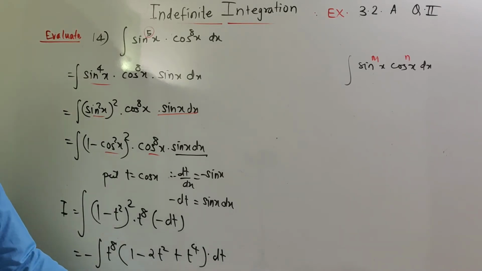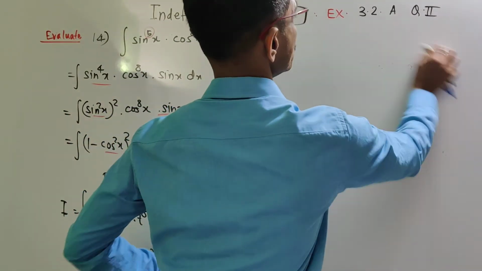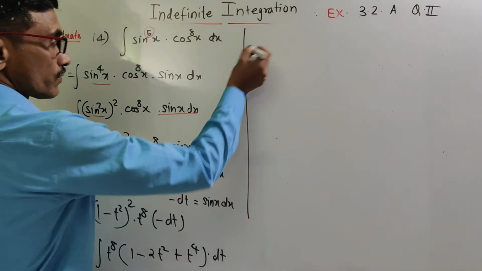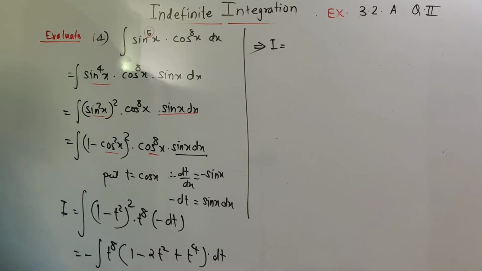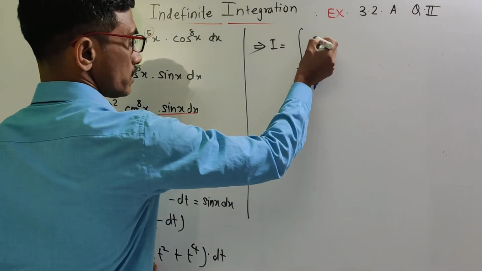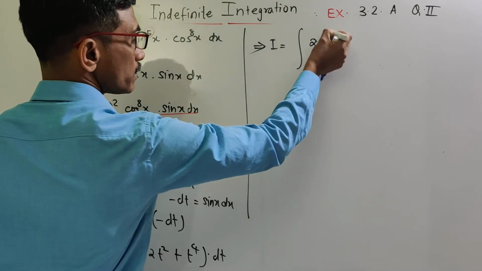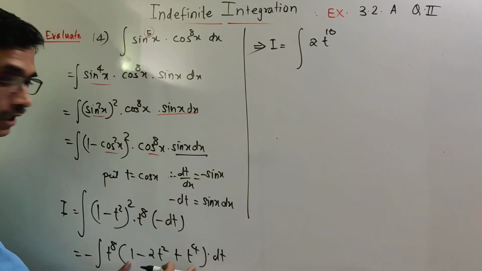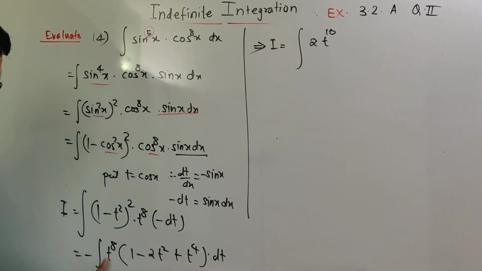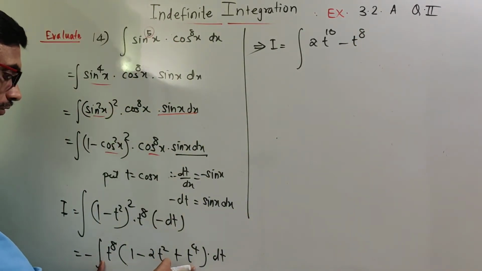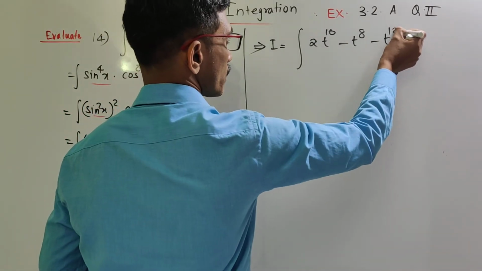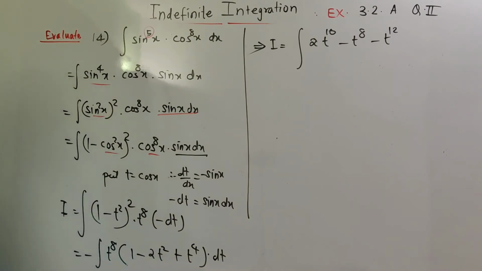We may take this minus sign inside the integrand, so integral I is equal to integral of t raised to power 10, because minus minus will be plus, and the rest of the two terms are negative because the plus sign will change to minus, so minus t raised to power 8 and minus t raised to power 12 dt.